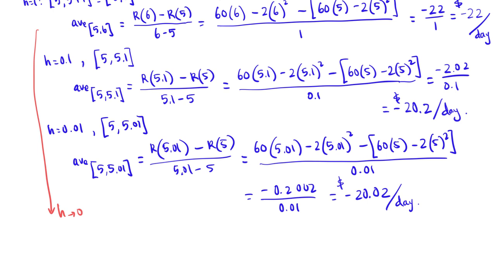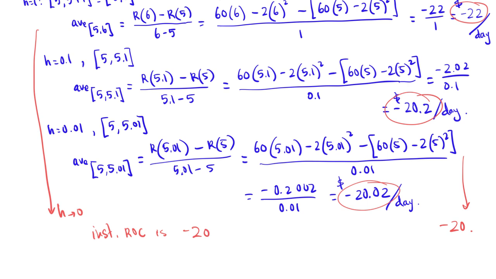We see that these rates of change, negative 22, negative 20.2, negative 20.02, are approaching a number, and that number is negative 20. And so we would say that the instantaneous rate of change is negative 20, and the unit for this rate is still the same as the average rate of change, which is dollars per day.